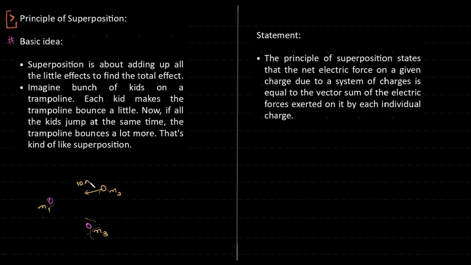If this is 10 Newton, it doesn't matter if mass 3 is present or not, it will remain 10 Newton. And it is the same when it comes to charge as well.